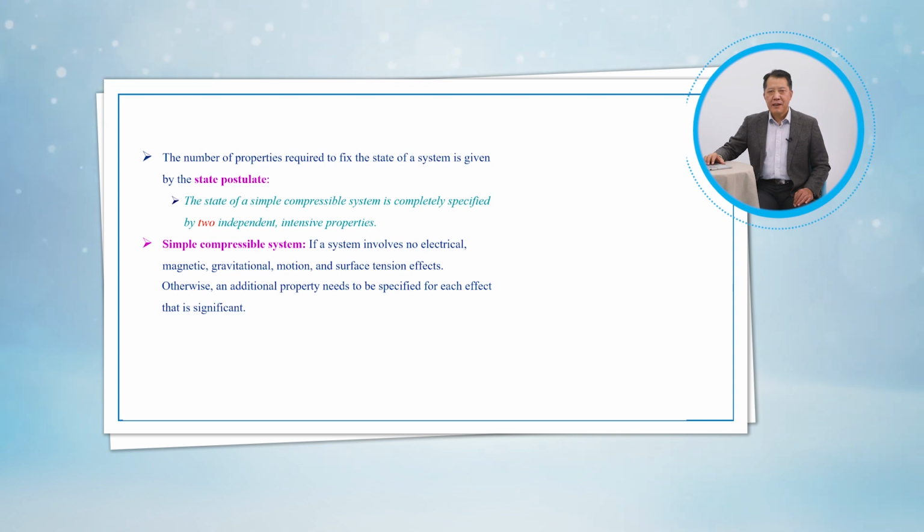Otherwise, an additional property needs to be specified for each effect. That is significant. If the gravitational effects are to be considered, for example, the elevation z needs to be specified in addition to the two properties necessary to fix the state.